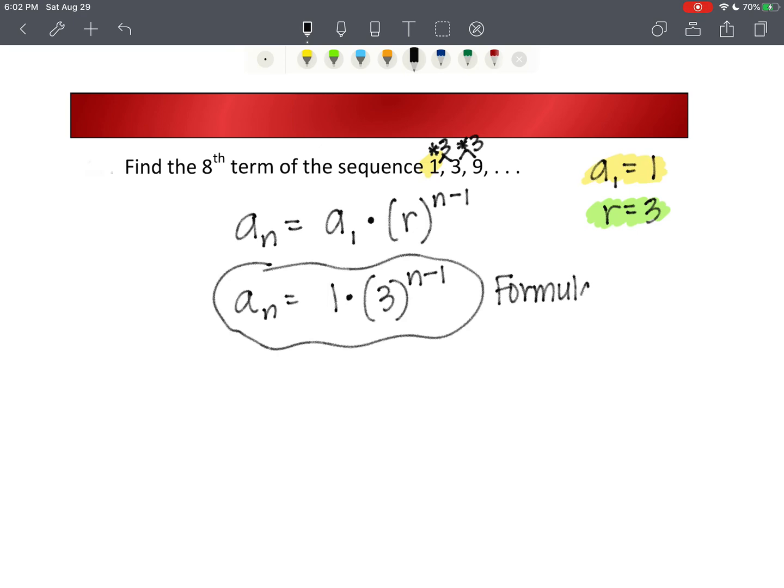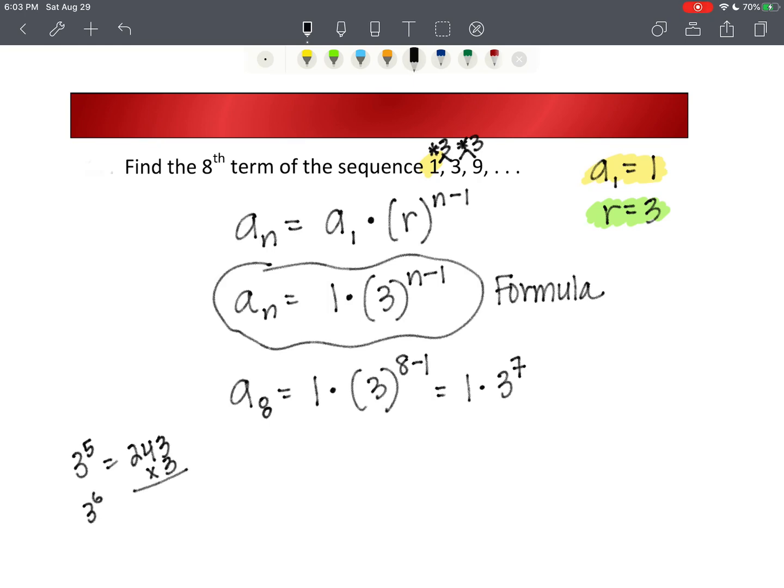Now we can use that formula to find the 8th term. So the value of the 8th term is equal to 1 times 3 raised to the 8 minus 1, which is 3 to the 7th power. 3 to the 5th power is 243. 3 to the 6th power, I'd have to multiply that by 3, and I get 729.